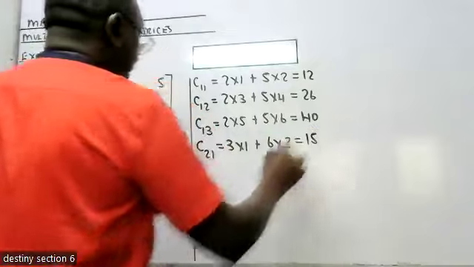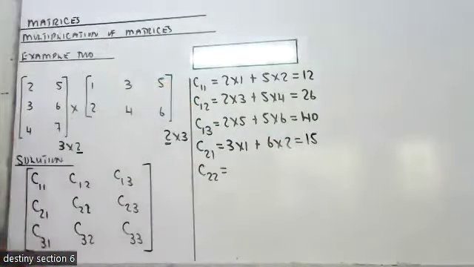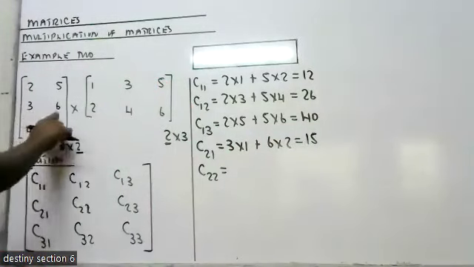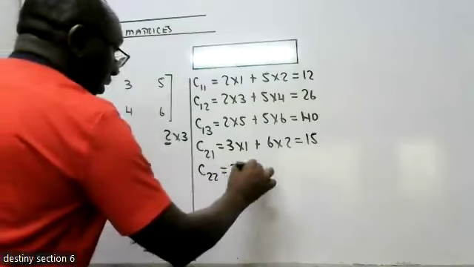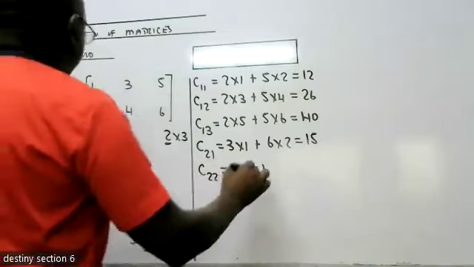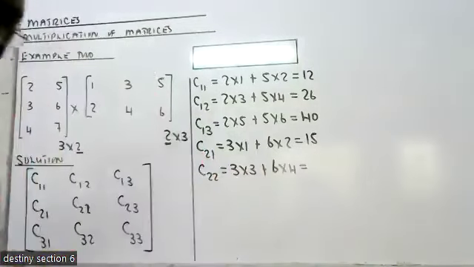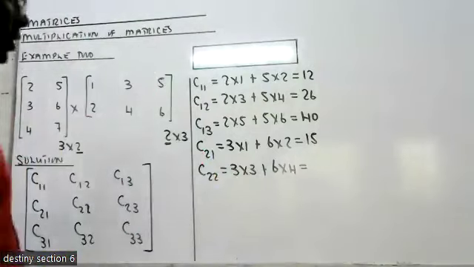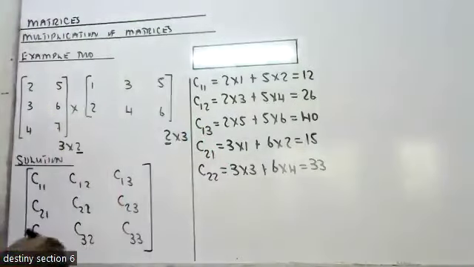That is 15. We go for C22. We take the values in row 2, column 2. That is 3 times 3 plus 6 times 4, which is 33.